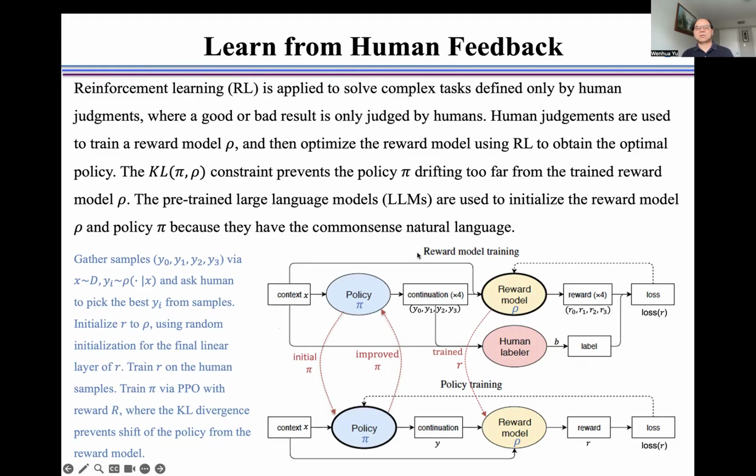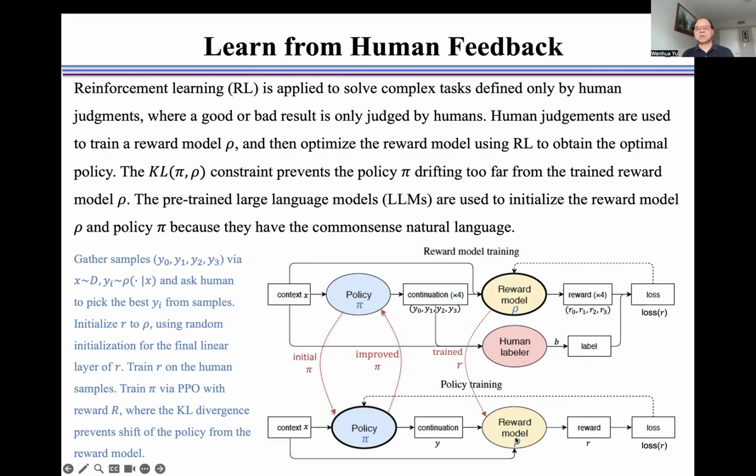This model flow works interleaved between reward model training and policy training. First, the initial policy is used to generate input to the reward model, and human labels are used to train the reward model with supervised learning.